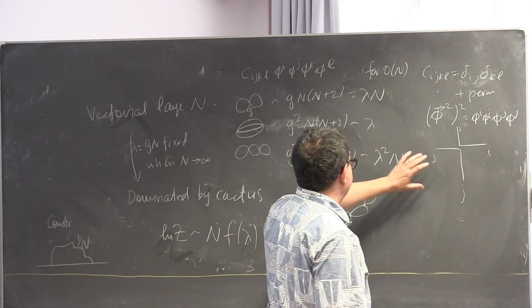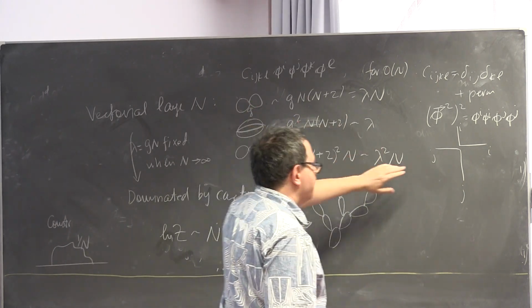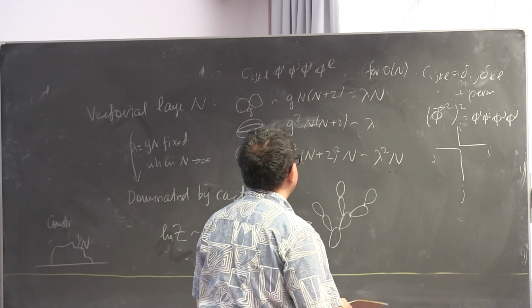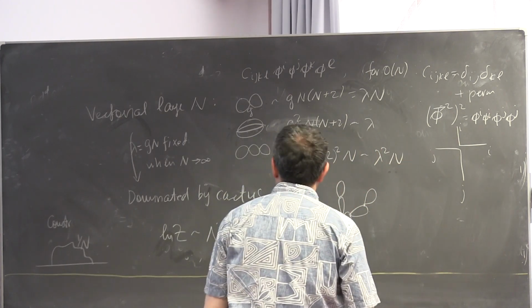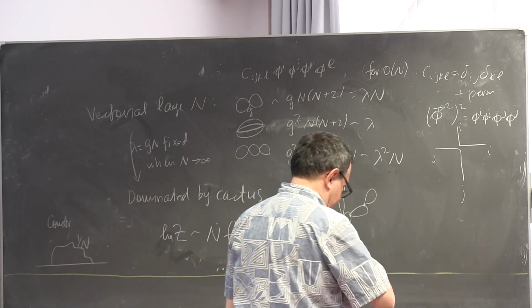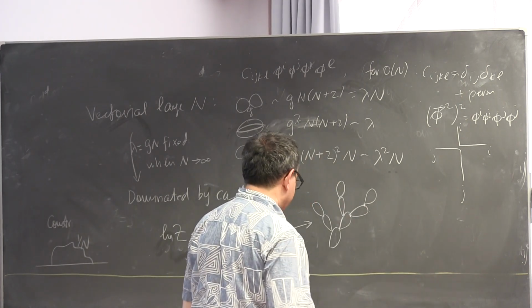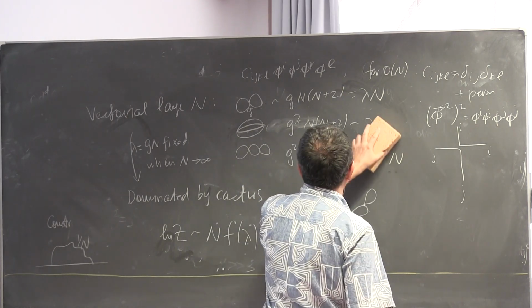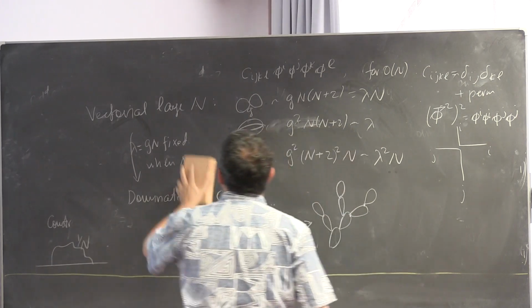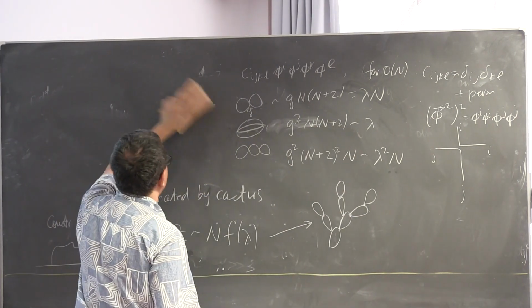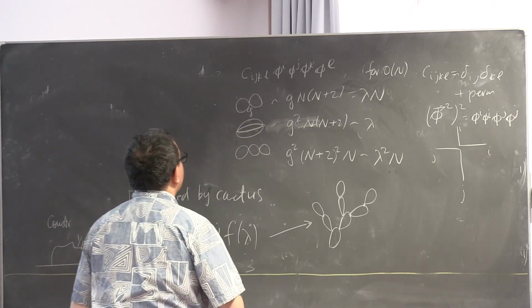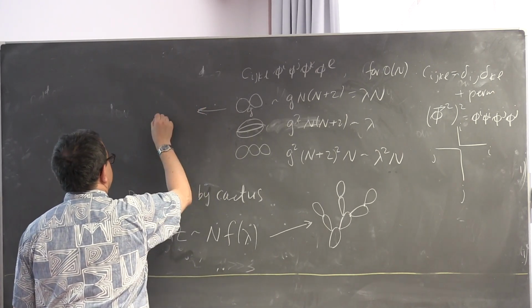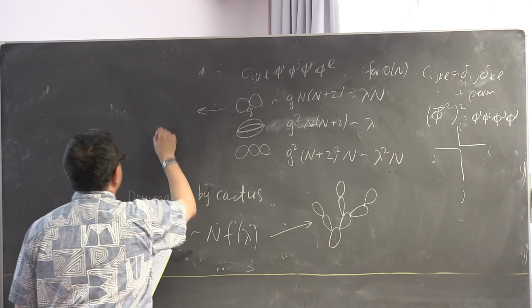So you can do very simple counting. You can then redraw these diagrams using this sort of notation with indices, and you see that each independent index loop gives you a factor of N. So for example, if you take the leading one, this diagram can just be redrawn like this.